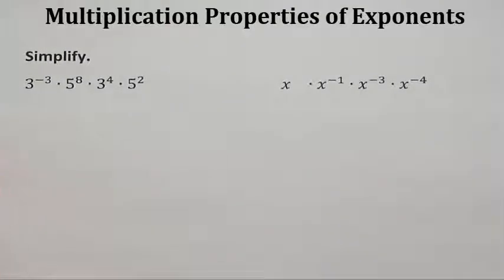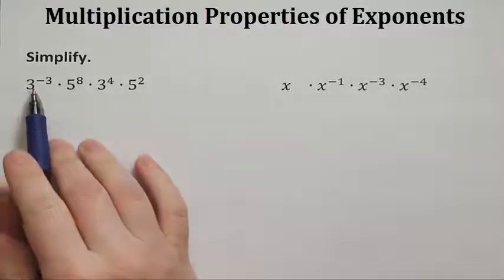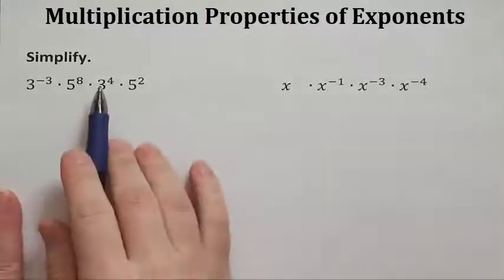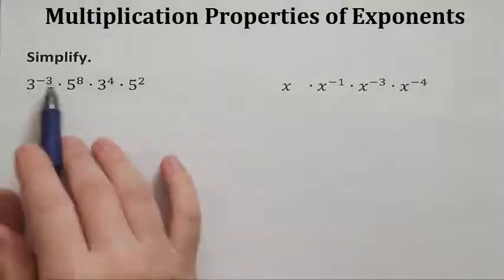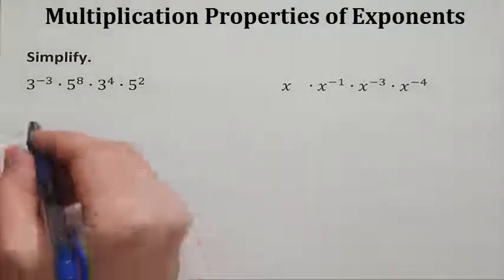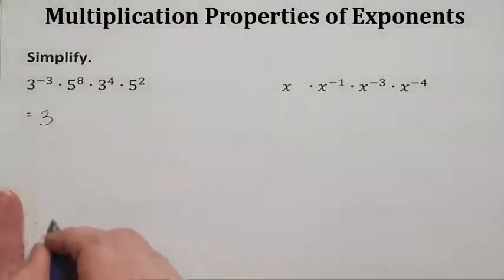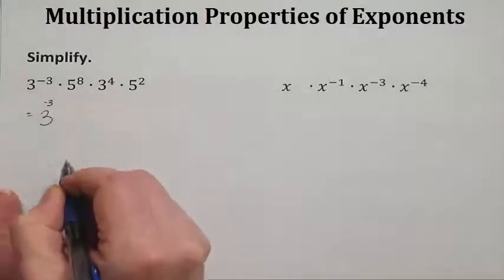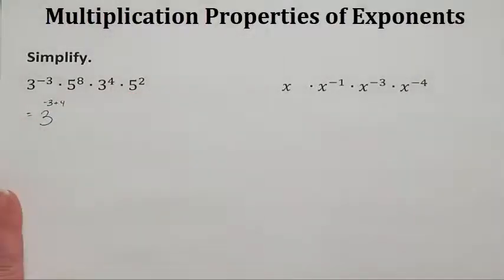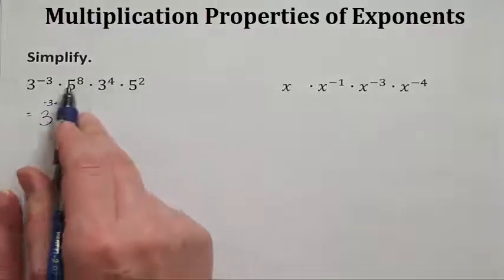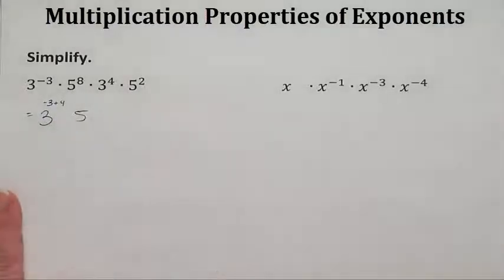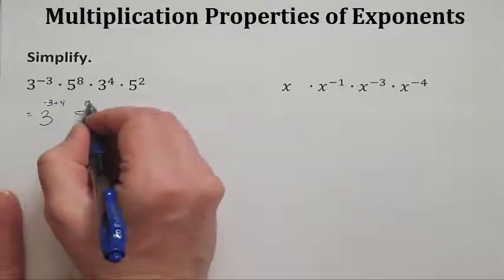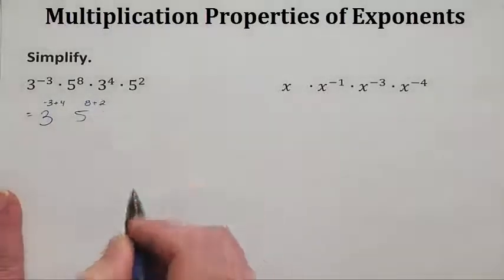So we're just going to practice our rule a couple more times. I see a base of 3 with an exponent of -3. I see another base of 3 with an exponent of 4. Base 3's are only allowed to go with base 3's. So looking at only my base 3's, the exponent of -3 needed to be added to the exponent of 4. Base 5's can only go with base 5's. So if I'm only looking at my base 5's, the exponent of 8 needs to be added to the exponent of 2.